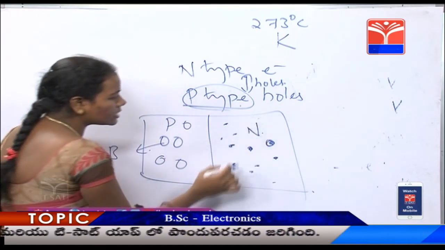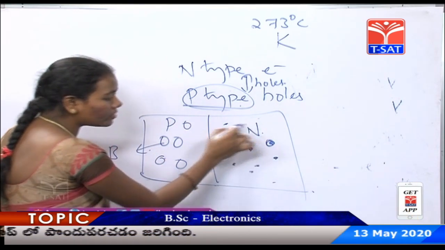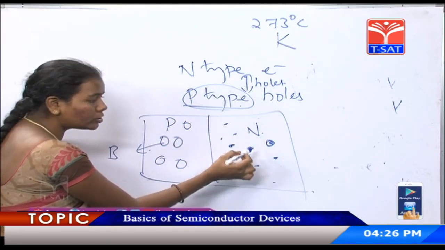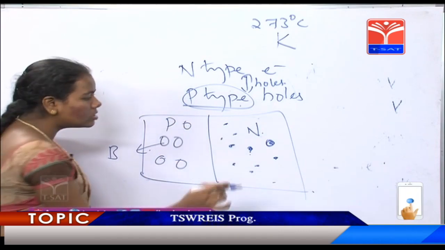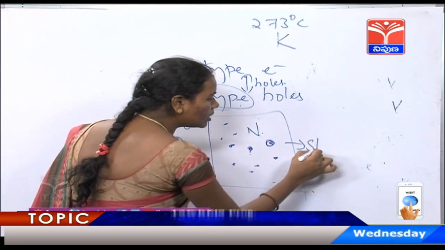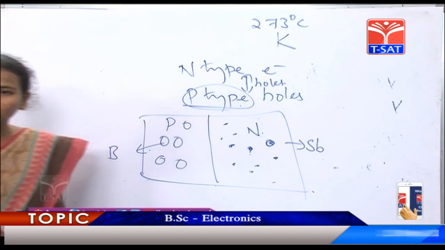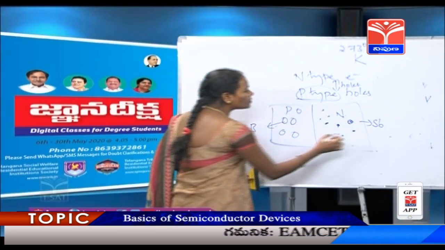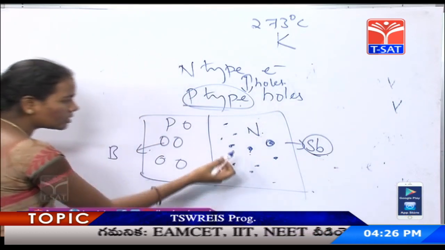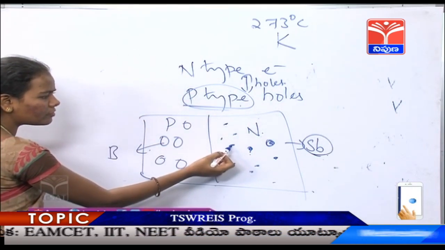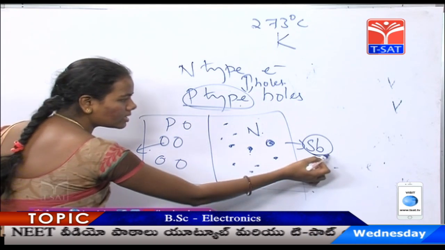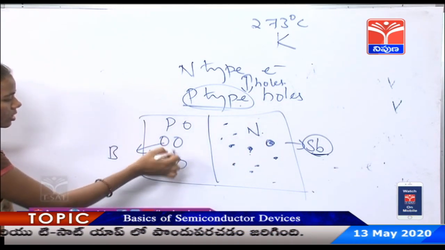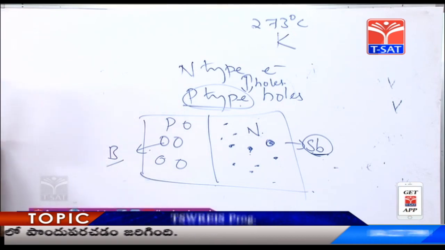On the n side we have extra electrons, free electrons, due to the pentavalent atoms, that is antimony. Antimony is contributing extra electrons to the semiconductor. So wherever a free electron is present, you consider it as a pentavalent impurity, that is Sb, antimony. And wherever a hole is present, you consider it as boron.